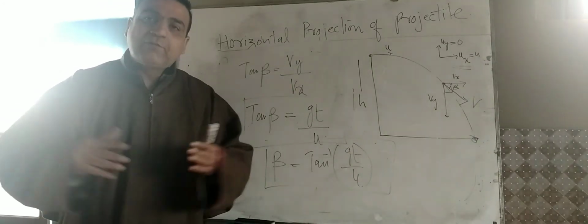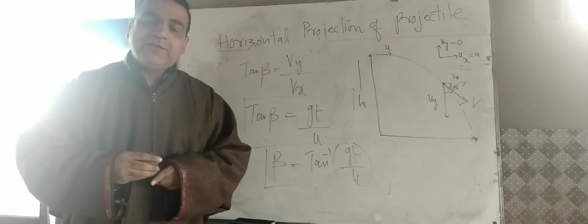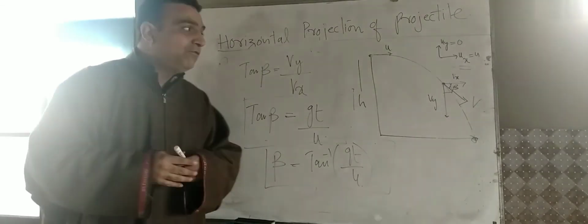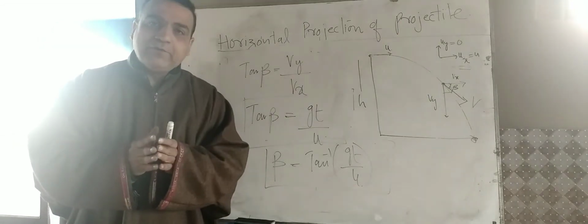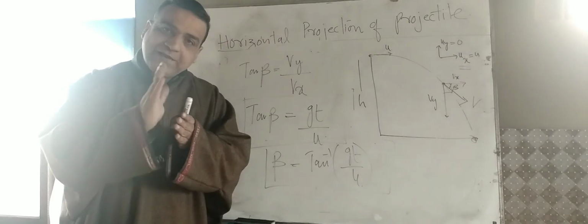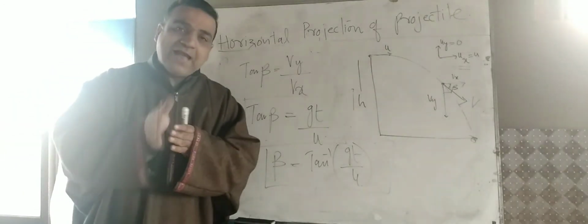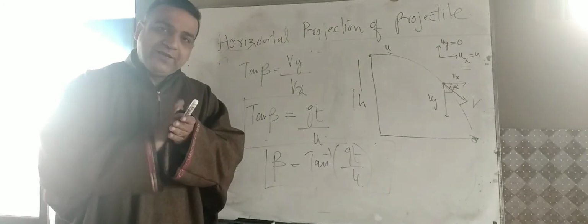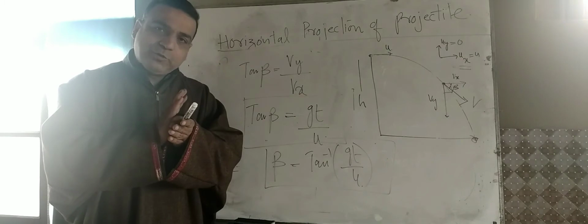The horizontal acceleration is 0, and the horizontal velocity is constant throughout the motion of the projectile. Then we obtained a result that says that the trajectory of this projectile is parabolic in nature, and we calculated the time of flight, the total time taken by the projectile to hit the ground from the point of its projection.